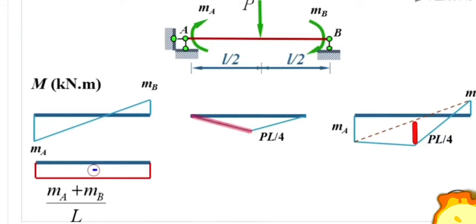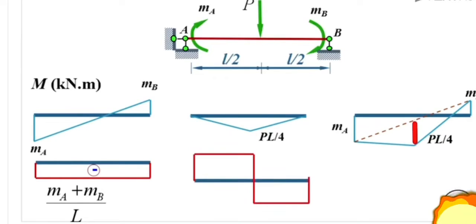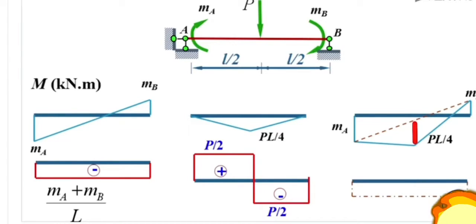For the left part, the slope of the bending moment diagram is a quarter of PL over half of L, so that's positive half P. For the right part, the slope of the bending moment diagram is negative half P. So when we draw the shear force diagram for the original structure, we could draw this straight line shear force diagram as the baseline. Then superimpose such two parts, straight lines.